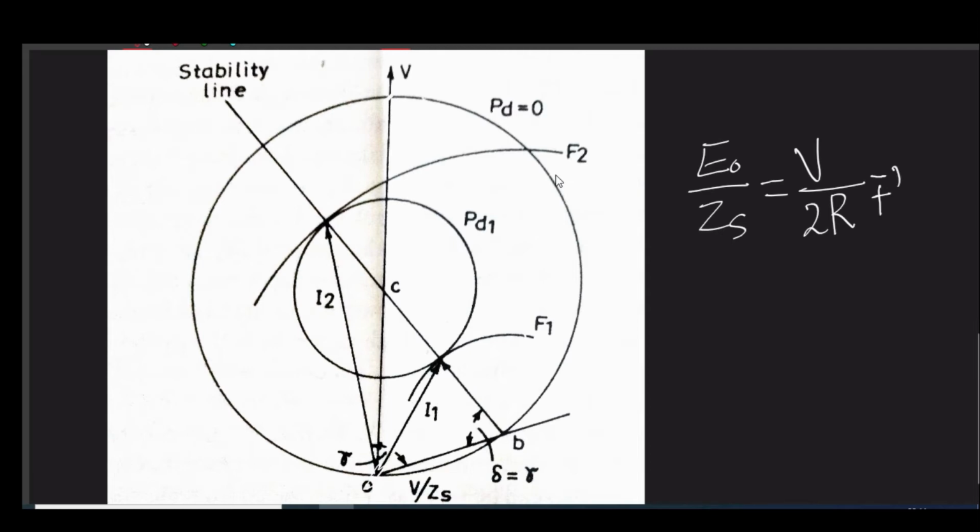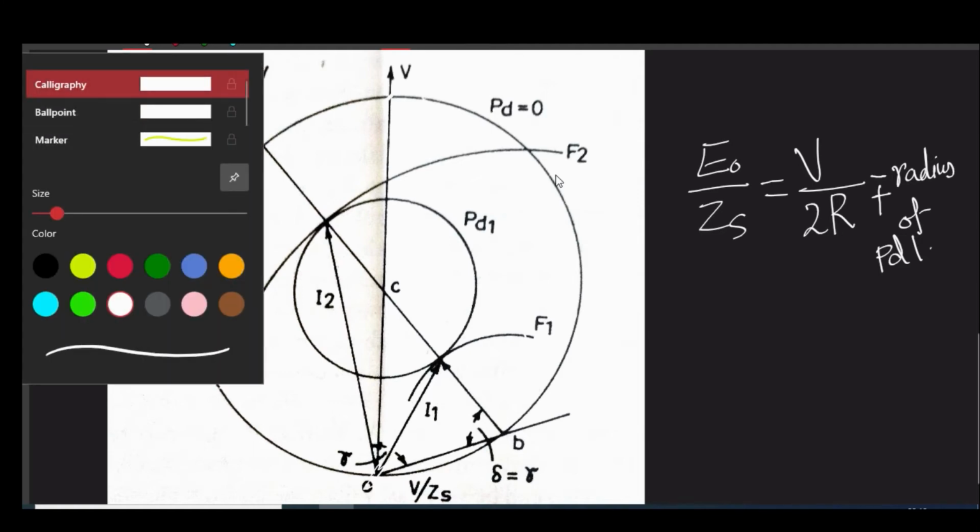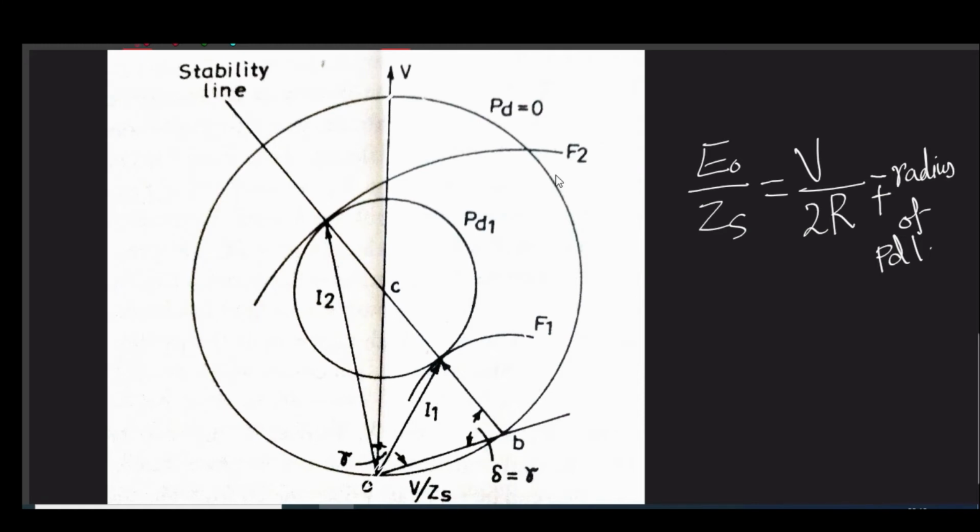our radius of PD1. So what I said, if we take V by 2R from that point, E naught, this is V by 2R.